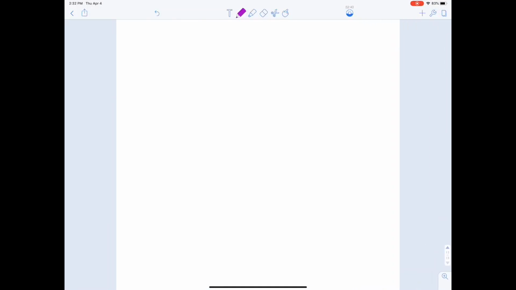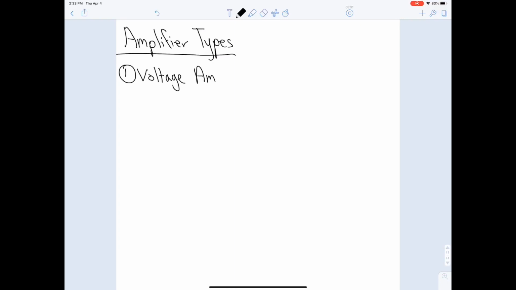Before I discuss the interior of the amplifier, I need to list the different amplifier types. There are 4 amplifiers. The first amplifier is the voltage amplifier. The second one is the current amplifier.